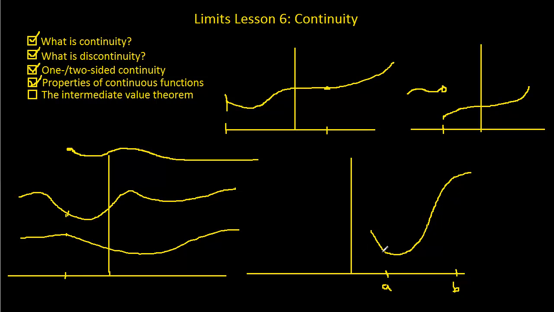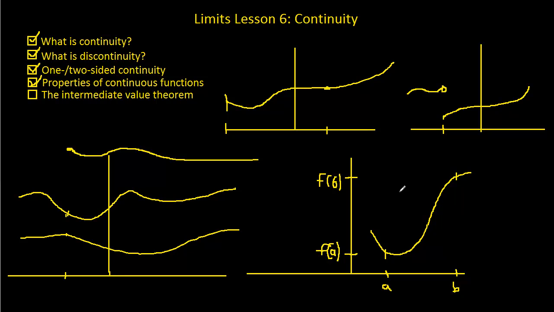Now, let's see what this means. If this is a, then f of a is going to be right there. Let's make that again. So f of a. And then we go up here, and looks like right about there we'll get f of b. There we go.